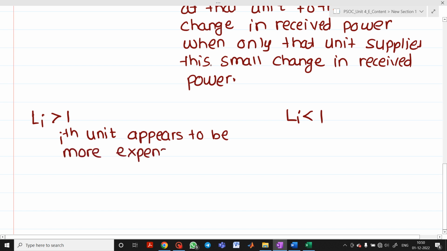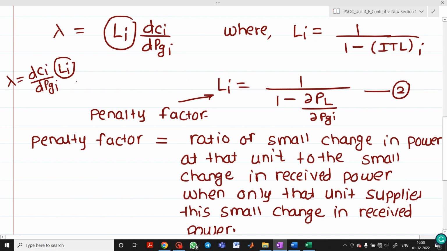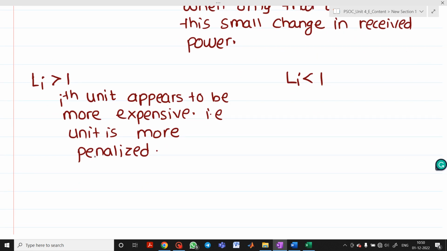That is, the unit is more penalized. If Li is more, then the value of lambda will also be more, by the method of Lagrange's multiplier. Lambda being more means the cost of generation, dCi upon dPgi, will also be more. So Li greater than 1 means the unit appears to be more expensive, that is, the unit is more penalized.